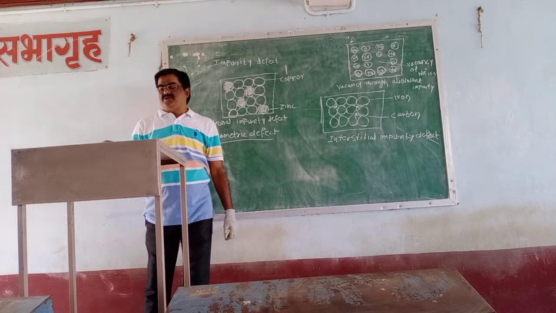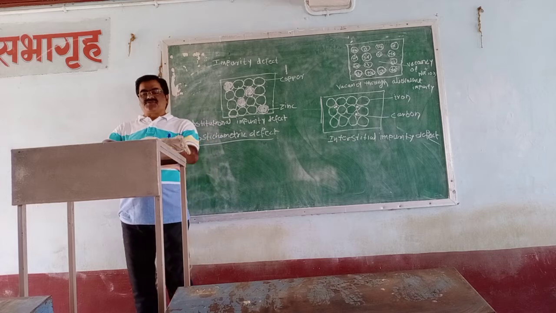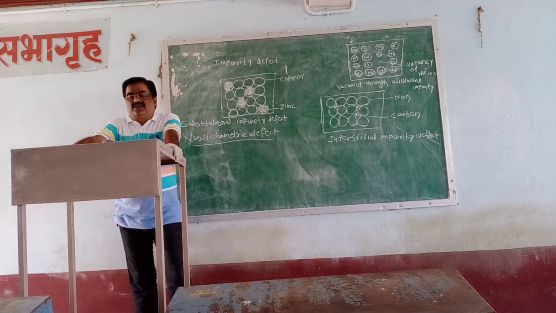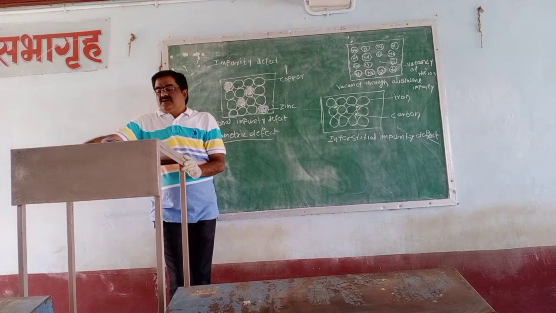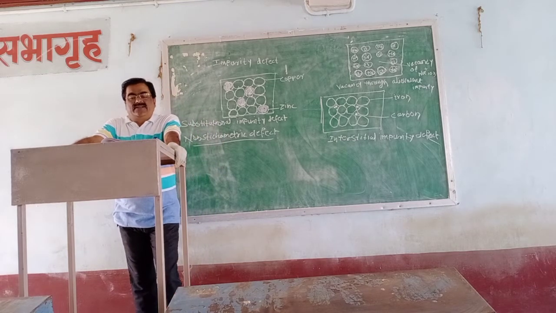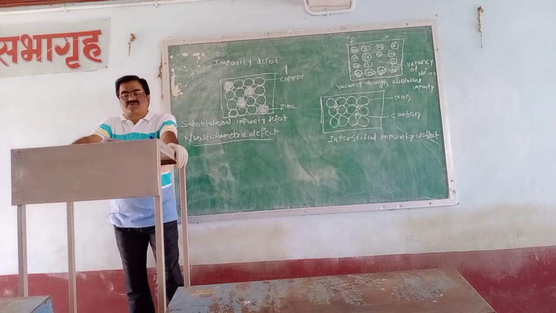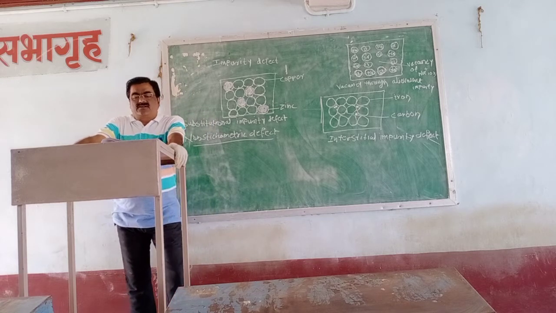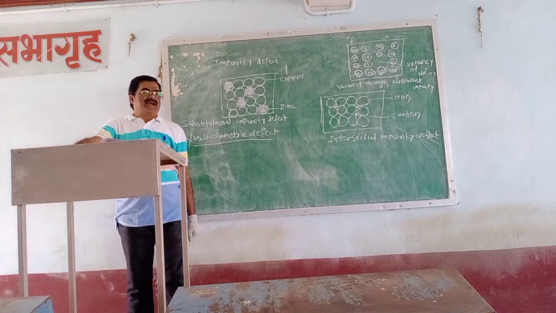There are two kinds of impurity defect. The first one is the substitutional impurity defect, and another one is the interstitial impurity defect. In the substitutional impurity defect, the foreign atoms are found at the lattice sites in place of the host atoms. The regular atoms are displaced from their lattice sites by impurity atoms.